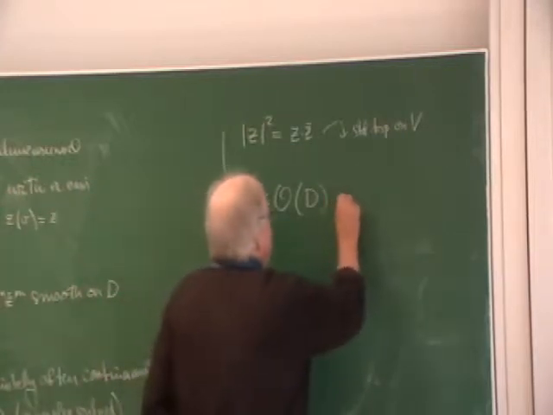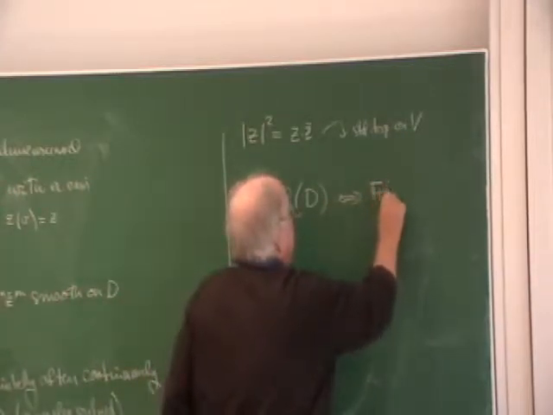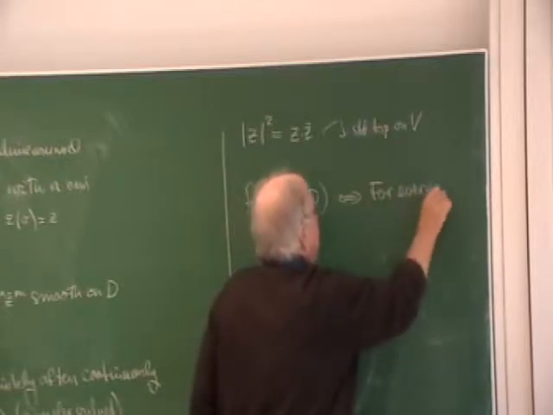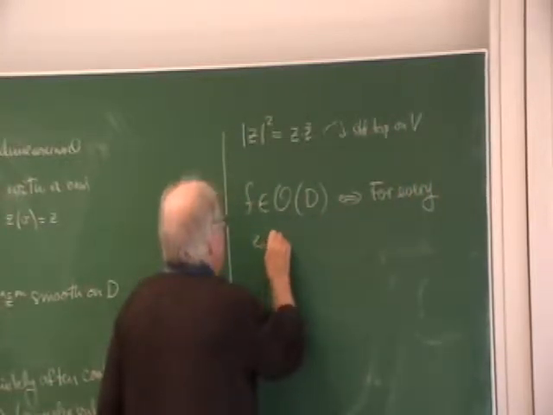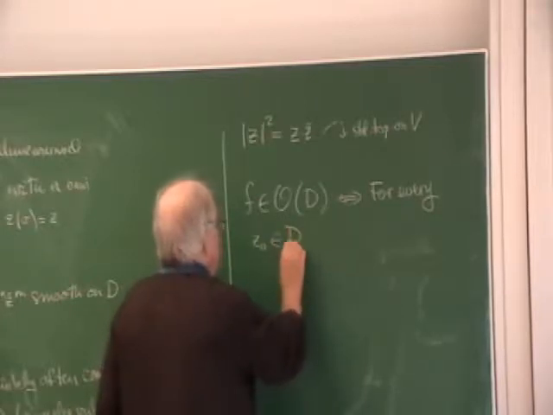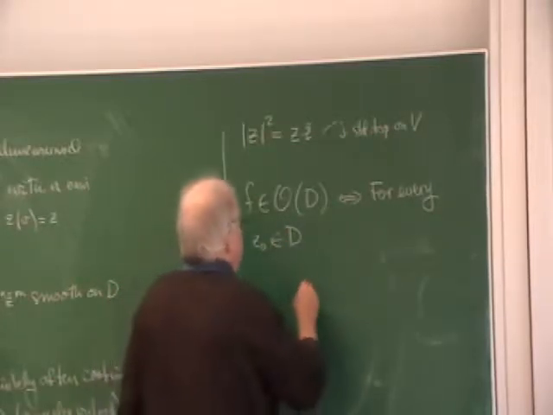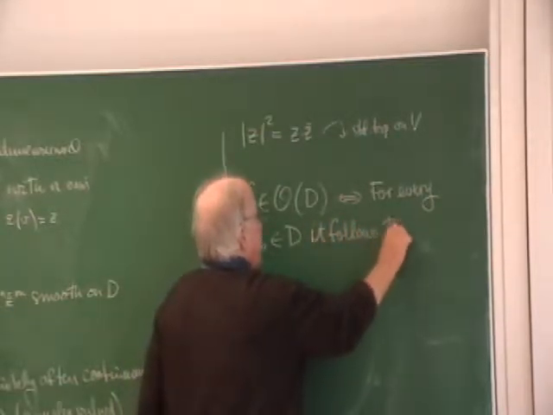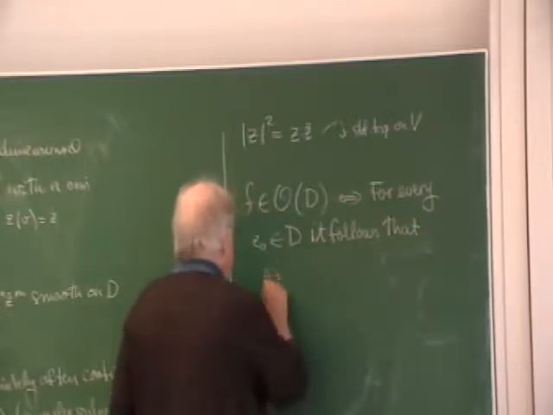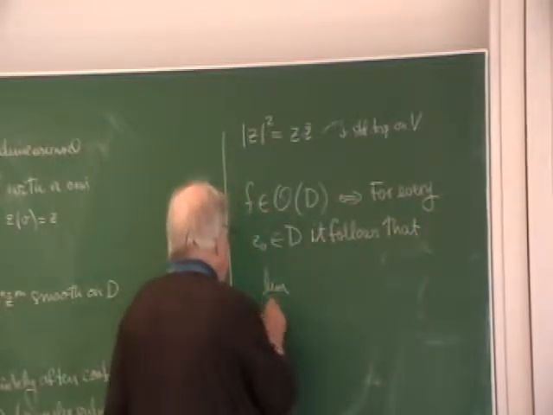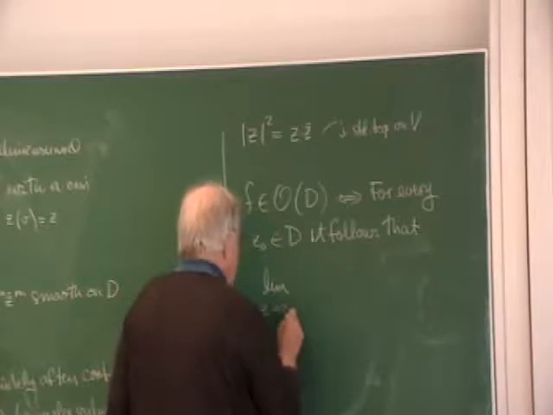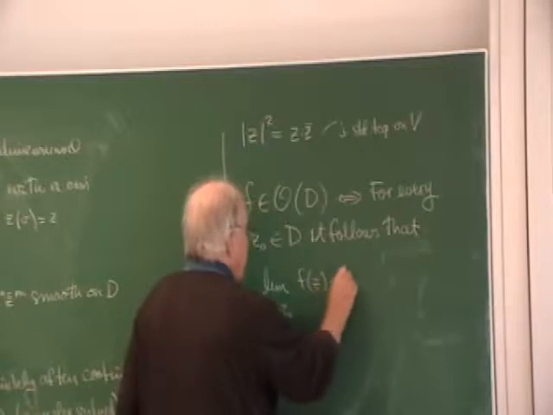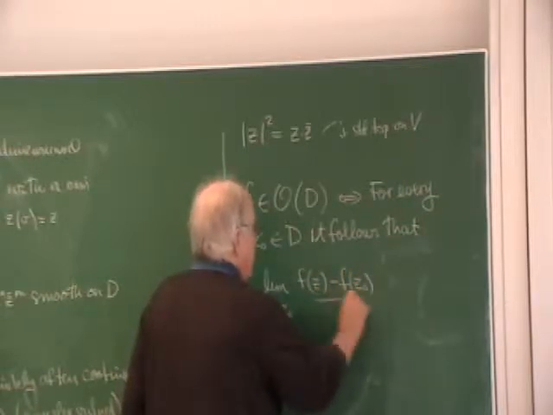It means that for every z0 in D, a limit exists: the limit as z goes to z0 of f of z minus f of z0 over z minus z0.